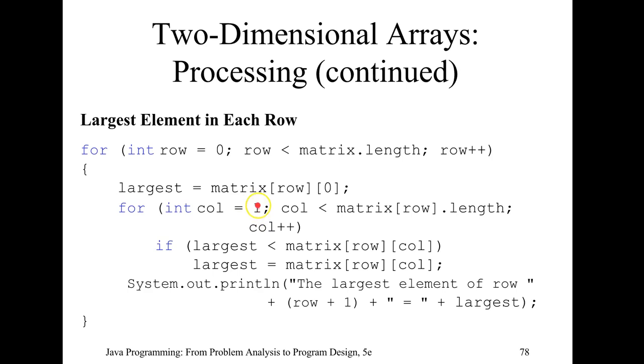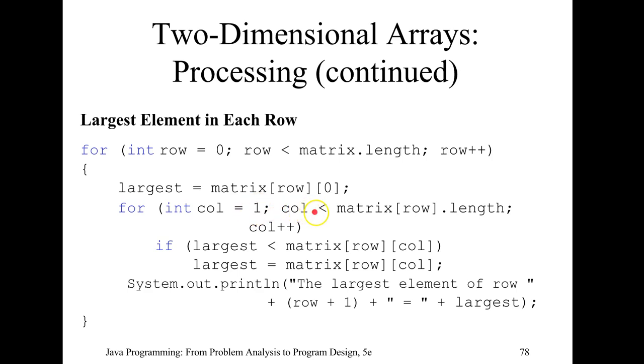That's why I'm starting at column 1 and going to column less than the matrix row.length. Now right away here, we're not doing any error checking that the number of columns is greater than 1. We're just assuming we have more columns than 1.